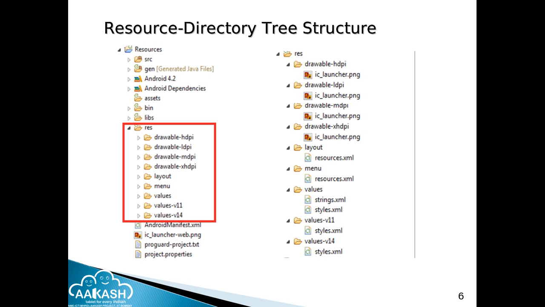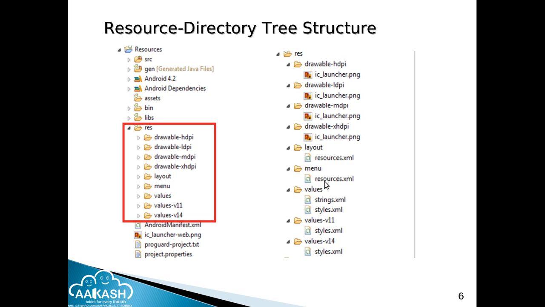Now drawable resources are categorized as HDPI, LDPI, MDPI, XHDPI, where HDPI is used to store images for high density devices. LDPI is used to store images for low density devices. MDPI is used for medium density device images and XHDPI is used for extra high density device images.